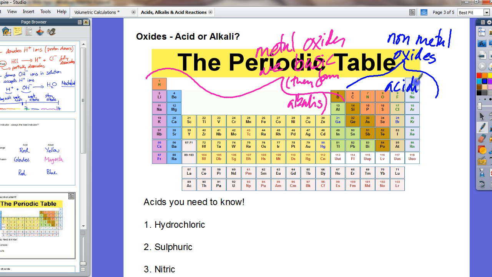Carbon dioxide, when it dissolves in water, forms carbonic acid, H2CO3, and that's an acid, obviously denoted by being called carbonic acid. Now these three acids you need to know about. These three we use in the lab very regularly.